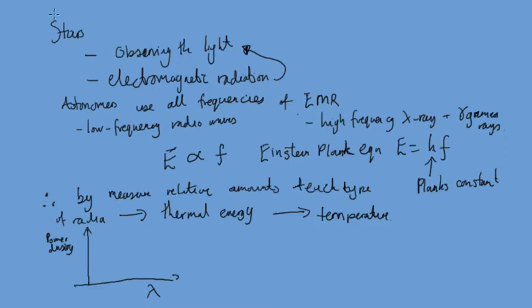Oops, I'll do it again, it's a bit dodgy. So the power density is basically the radiation intensity, and that's versus the wavelength.